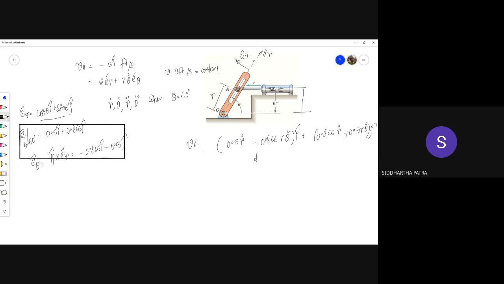Now this sum is supposed to be minus 3, and this sum is supposed to be how much? How much should be the j component, the y component?